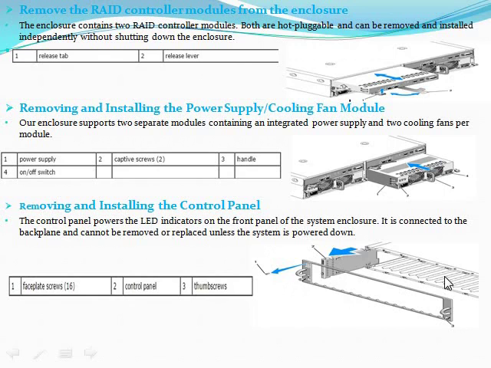Using a T10 screwdriver, remove all 16 screws there. Remove the front face panel of the enclosure plate and slide the controller panel assembly straight out from the connector on the backplane. For installation, we proceed with the reverse process.